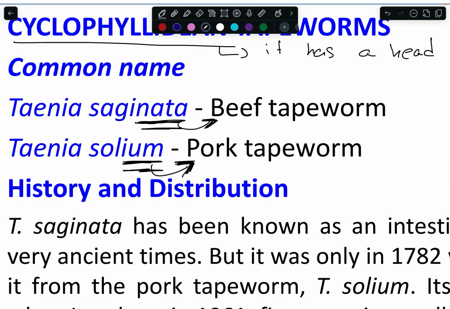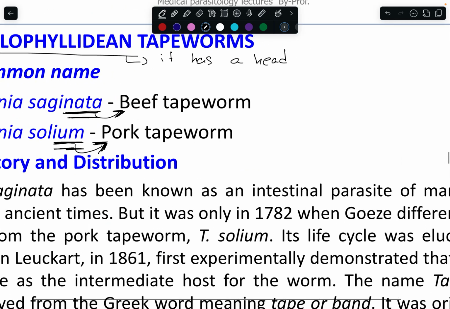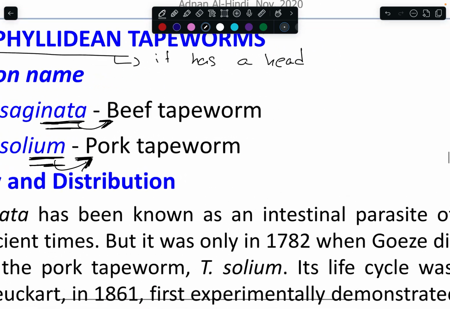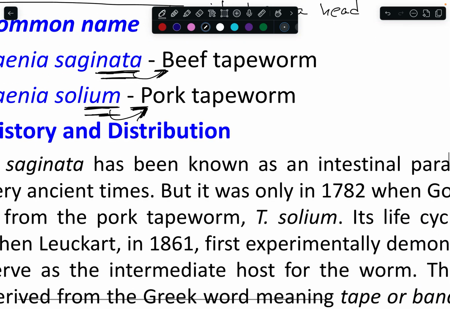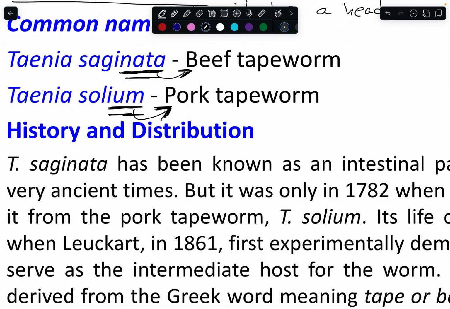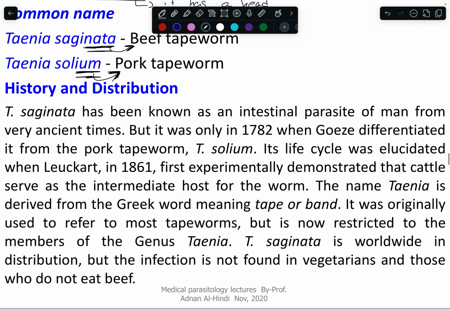I connected saginata with beef and solium with the pork tapeworm. So now when I'm asked what is Taenia saginata, I'm going to say beef tapeworm. Taenia solium, pork tapeworm. Okay, for history and distribution, I haven't gone over this, so let's go over it right now.